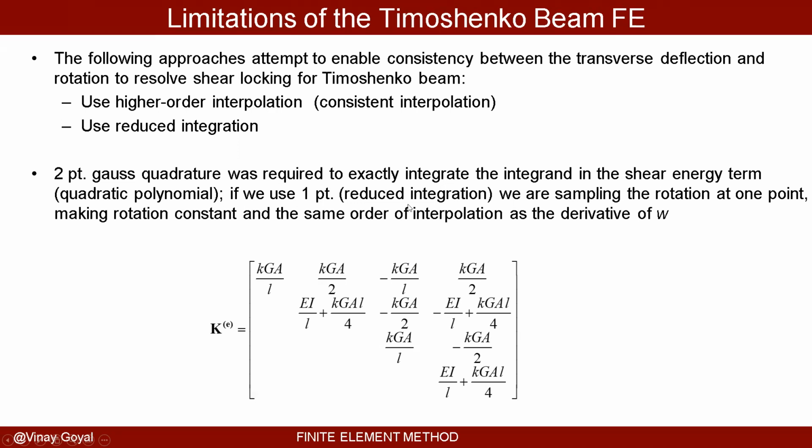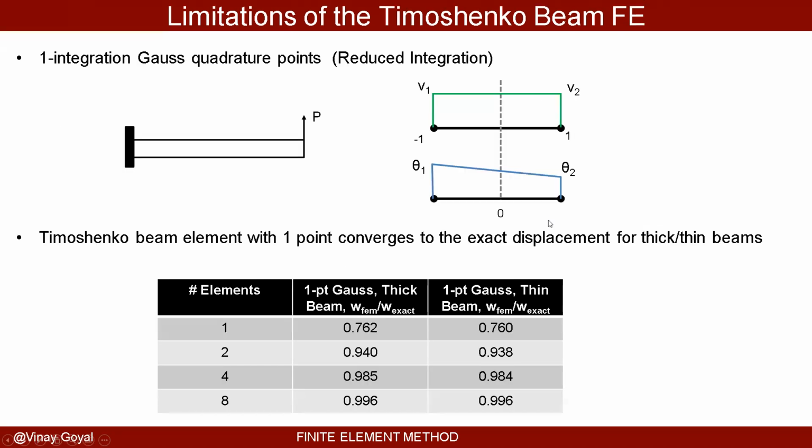And so that allows us to make the rotation constant, and that makes it the same order interpolation as W. So going back here, I'm now sampling only at 1 point with 1-point integration. So now I'm able to get these two to add up to zero somehow, which I couldn't do before because they're vastly different orders of polynomials.